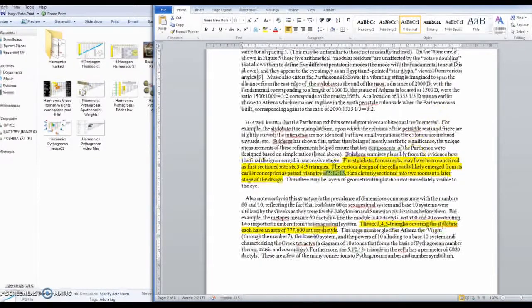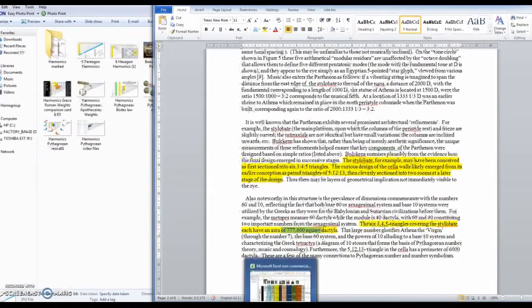Now, the 3-4-5 triangles. We'll get to this, for instance, here, how the area of this particular set of 3-4-5 triangles brings us to 777,600 square dactyls. And where to next? So again, music.